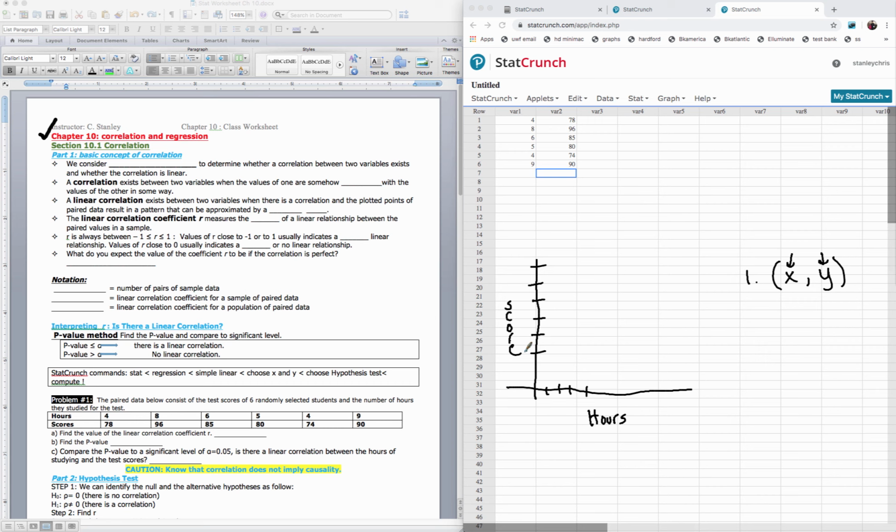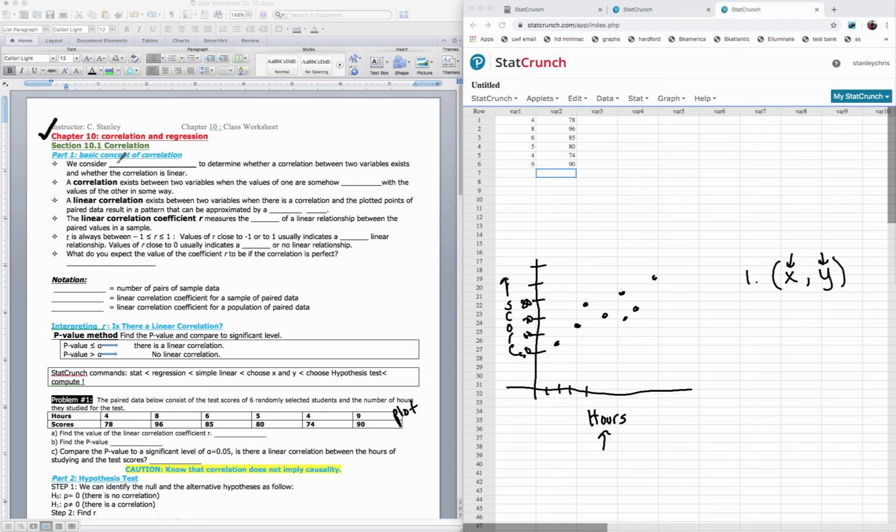So 4 and 78 would be plotted as a point like that. If we plot all these points, you get something that might look like this, which basically says as the hours of studying increase, the scores are also increasing.